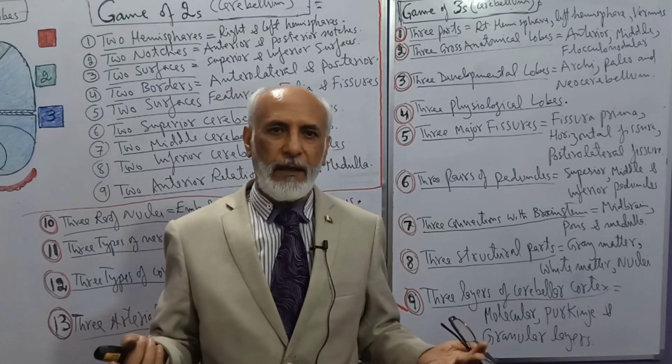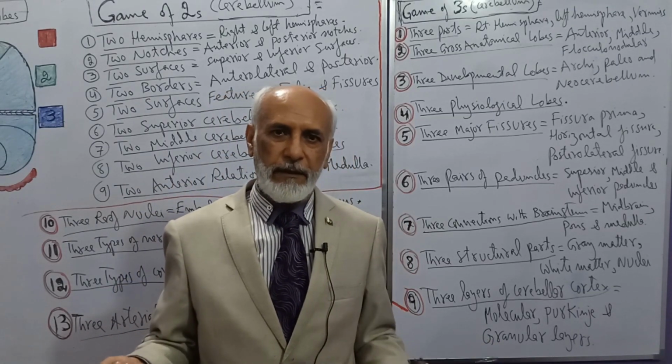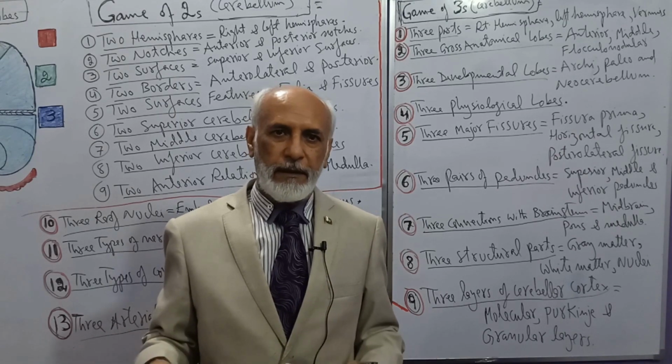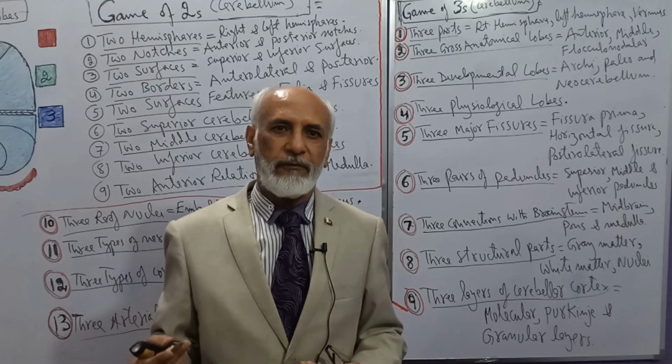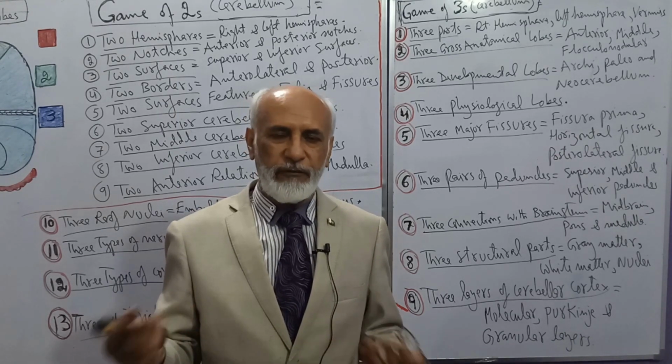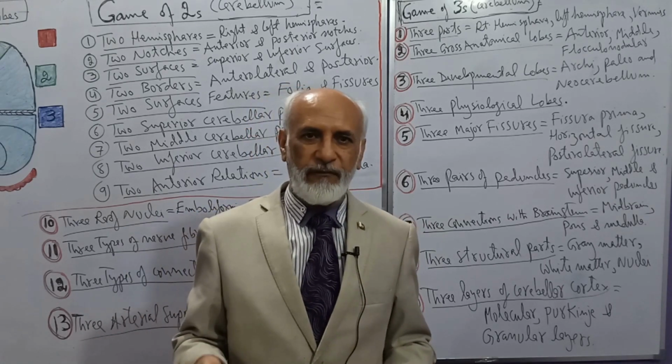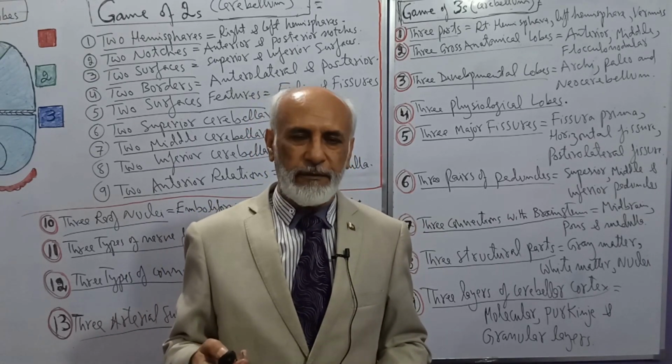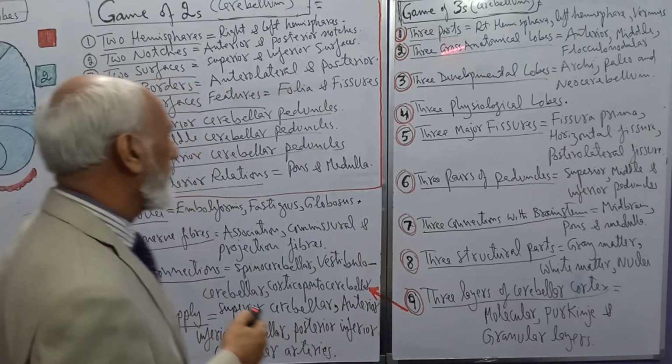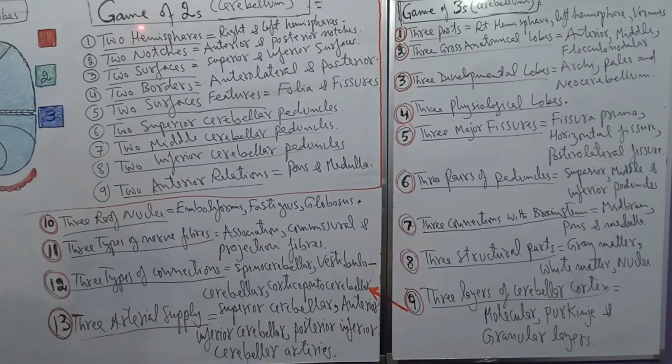Now let us play a game regarding cerebellum. Game of twos and game of threes, which may be of interest to you. So first of all, game of twos pertaining to cerebellum. Each cerebellum has two hemispheres, right cerebellar hemisphere and left cerebellar hemisphere.